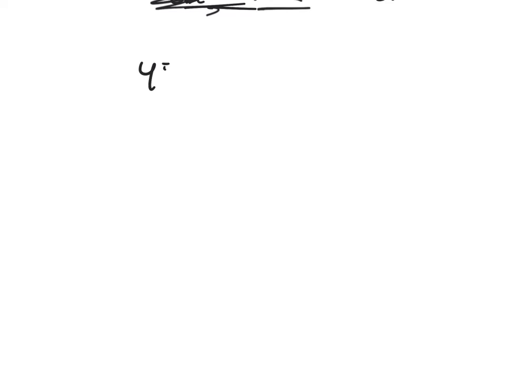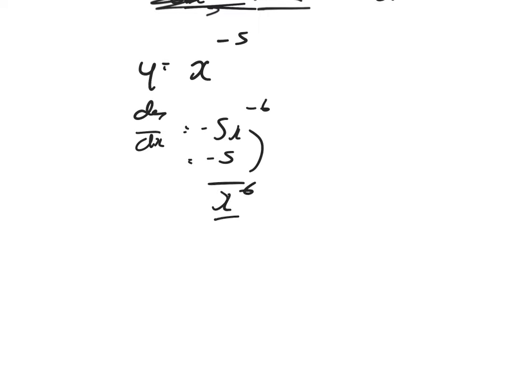Okay, let's try another. So let's go for x to the minus 5. That'll be minus 5x to the minus 6, which is minus 5 over x to the 6. X to the 1/3.